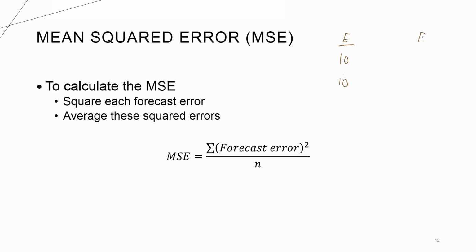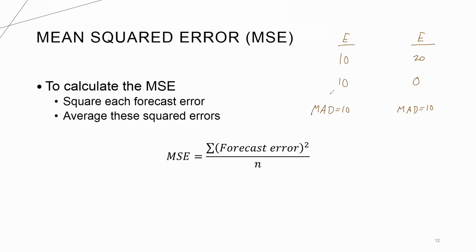And then forecast method 2 gets you errors of 20 and 0. Which one is a better forecast? Well, according to MAD, these are equally good. They both average out to 10.